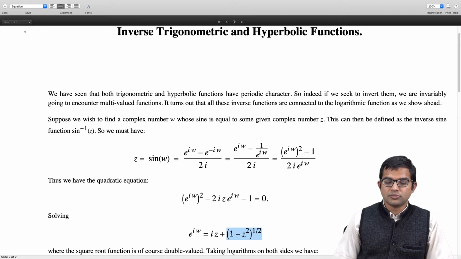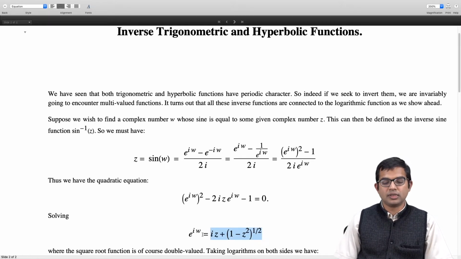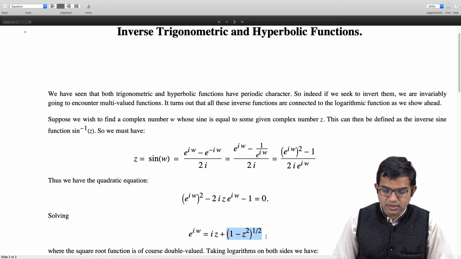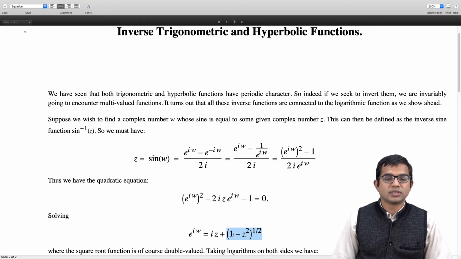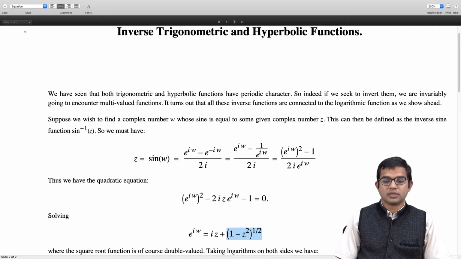So we have 1 minus z squared the whole power half, there's an overall 2 which comes out, and then you divide by 2, right? So you can work this out carefully and convince yourself that indeed e to the iw is just iz plus 1 minus z squared the whole power half, right? So this I have said, and I emphasize again, is really a multi-valued function. There is a plus sign or a minus sign, both values are allowed.